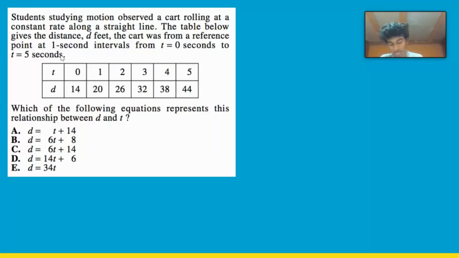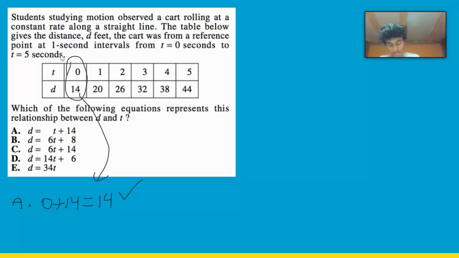Let's look at choice A. T plus 14. If we look at 0, 0 plus 14 gets us to 14. Is that what we want? Yes, because 0 maps to 14 in our data table. So this is correct.